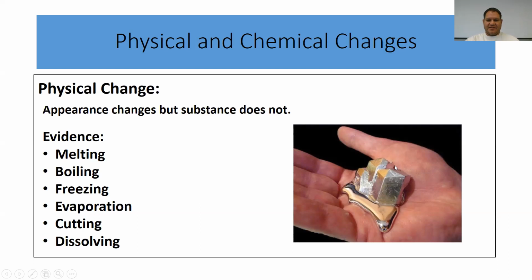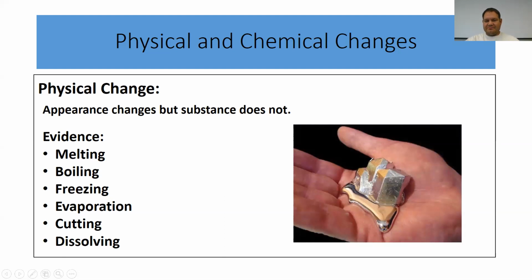For instance, if you look at this picture here, this is a picture of gallium, the element gallium, and gallium is solid at room temperature, but if you put gallium in your hands, it will begin to melt in your hands. It's really cool.